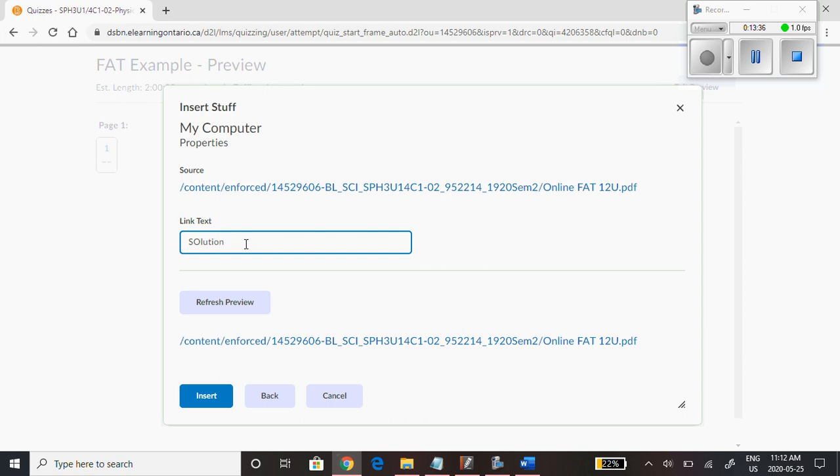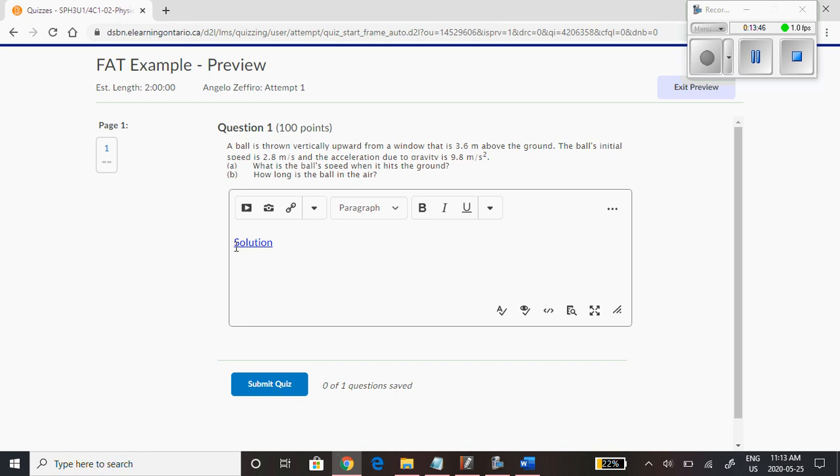It says solution, meaning that'll be a hyperlink when I receive this. Insert. There's your answer. So when I get to mark this, you're going to hit submit quiz. I'm going to open up your quiz. That hyperlink will be there and it'll be connected to your solution that you uploaded. And that's how you do it, and then I'll mark it.